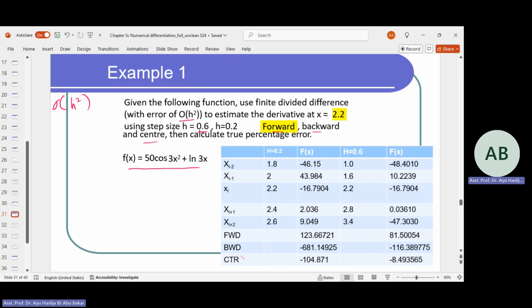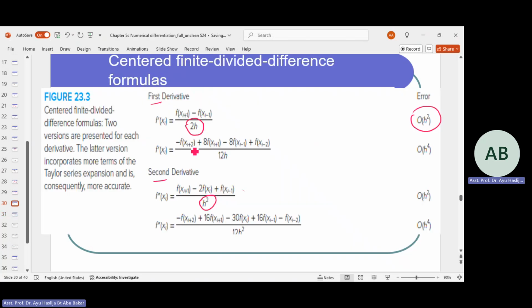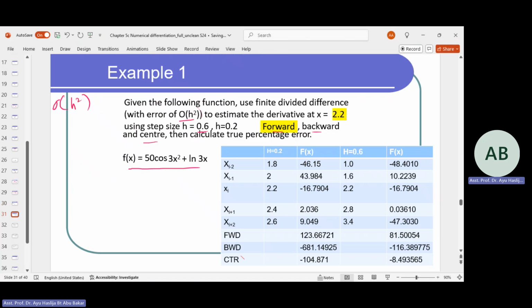Here it only gives error level, where the error level OH2, first and second both have error level 2. Now for this question, we just proceed with first derivative.